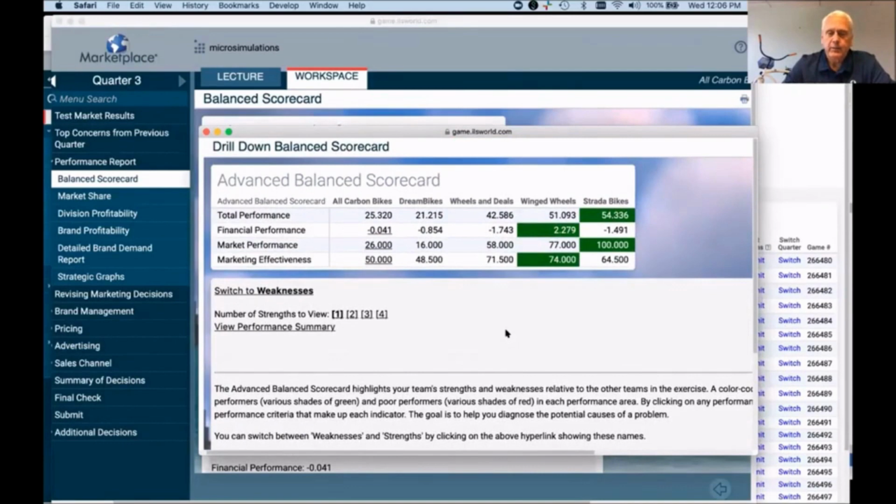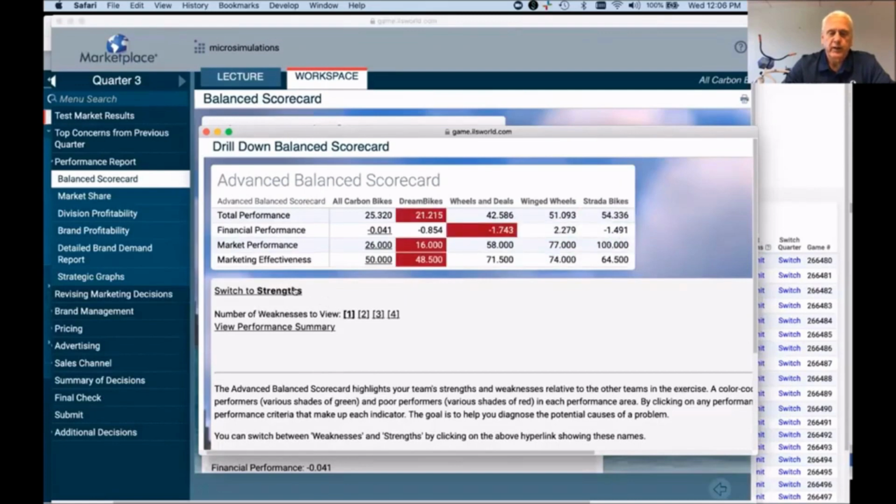I'm the All Carbon Bikes, and the top performance is in the green in each area. Financial performance, Wheels and Deals is better, and marketing effectiveness, they're better. Strata Bikes has the best total score, and market performance in the segments they're targeting is quite good.